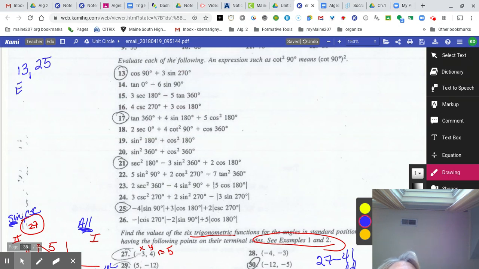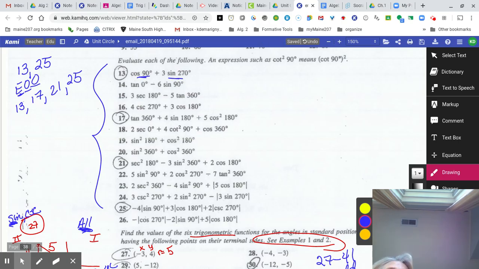It says every other odd, EOO. So that means 13, skip 15, then 17, skip 19, then 21, skip 23, and then 25, the ones that are circled. Okay, so what I'm asking you to do with this one, I hate to do any of these because there's so few. So you are welcome to do more if you would like.